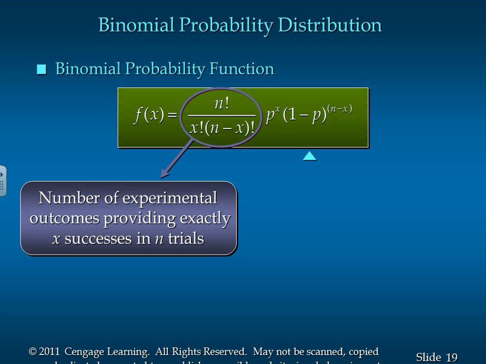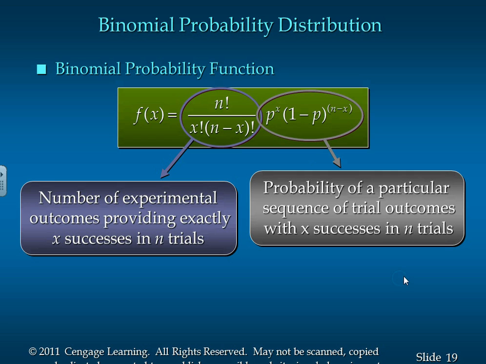And a number of experimental outcomes providing exactly x successes. Yeah, I'd say that's 1, 2, 3, 4, 5, 6, 7, 8, 9, 10, 11, 12, 13, 14, 15, 16. About 20 keystrokes, not counting the numbers you're putting in.